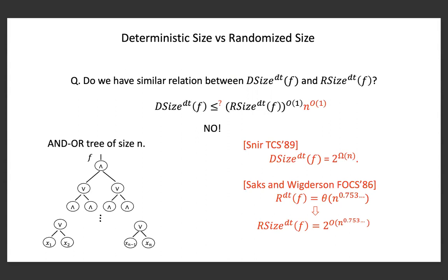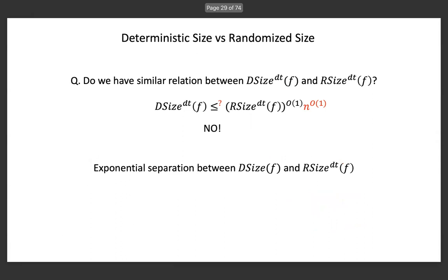And for this function, it was shown by Snir that the deterministic size is 2 to the Omega(n). And from the work of Saks and Wigderson, one can infer that the randomized size for this function is 2 to the O(n^0.75). So as we can see, for this function, we already have an exponential separation between deterministic size and randomized size. So there is no hope of proving this polynomial relationship.